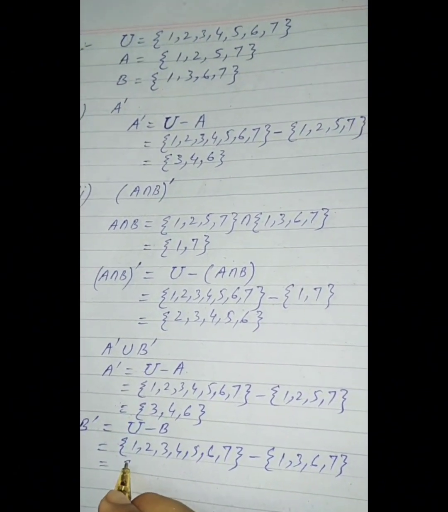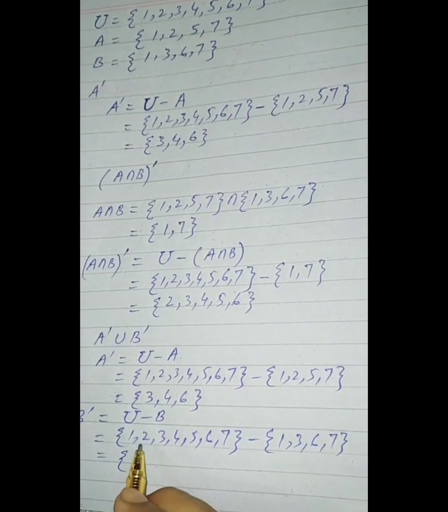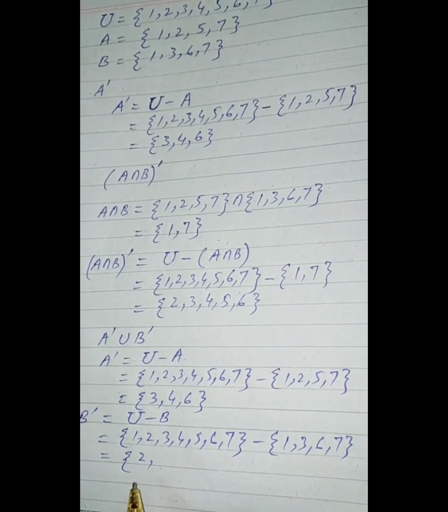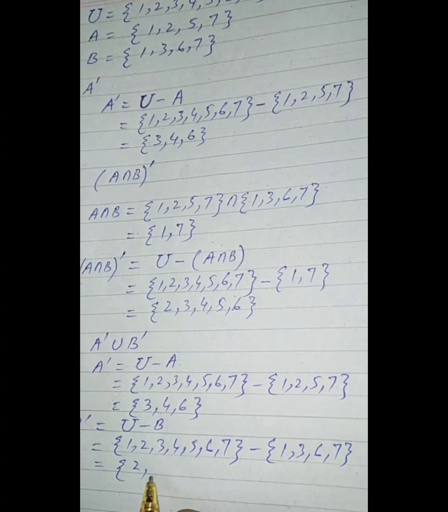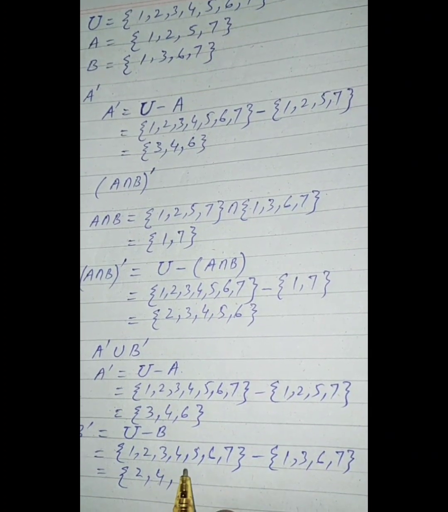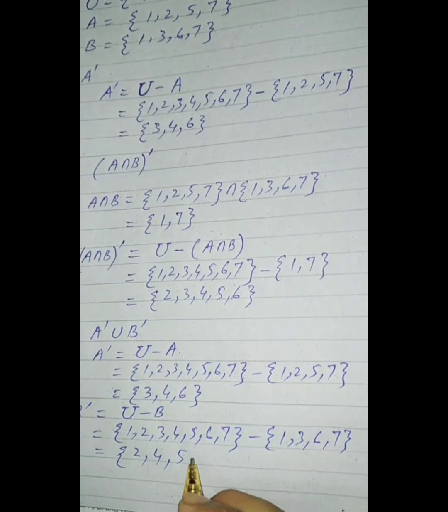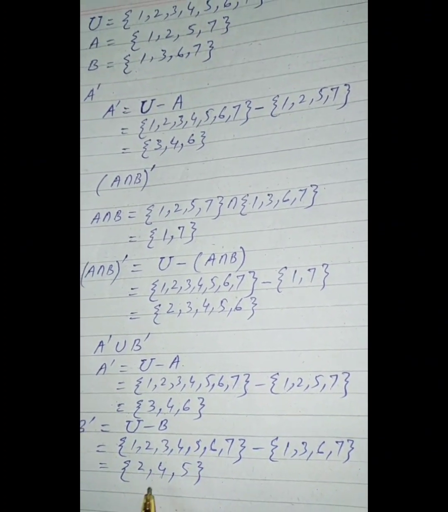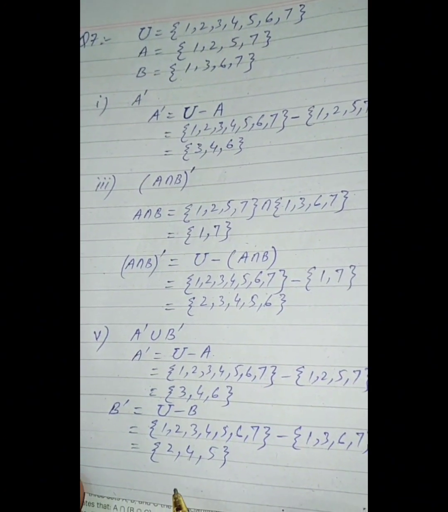When we subtract the members of B from the universal set, what will we get? 2, 3 will be subtracted, we will get 4, then 5. 6 and 7 are present in B, so we will skip them. So B complement is a set of 2, 4 and 5.